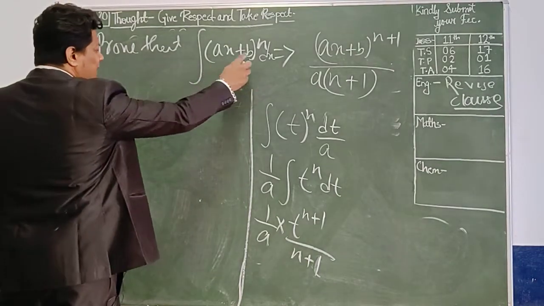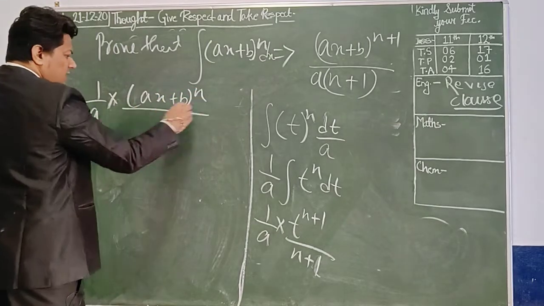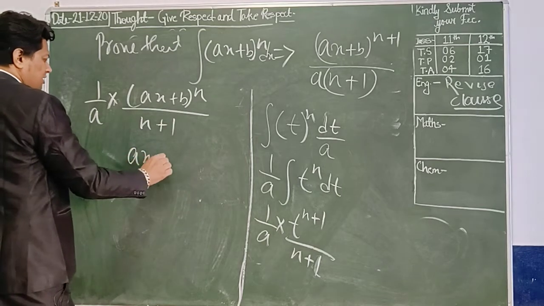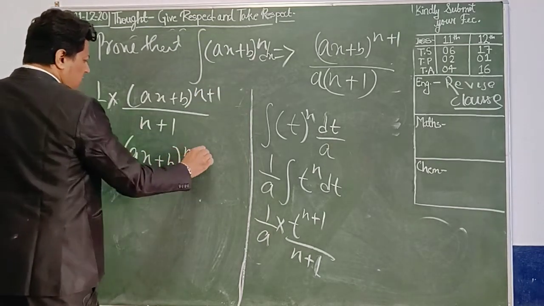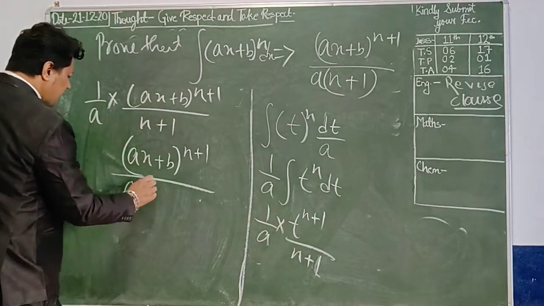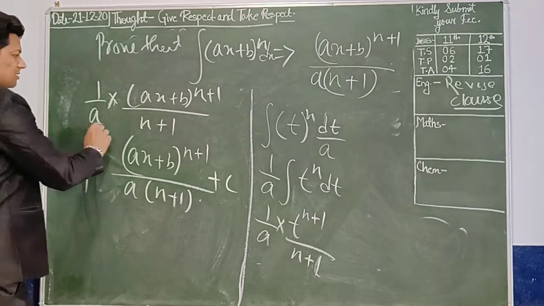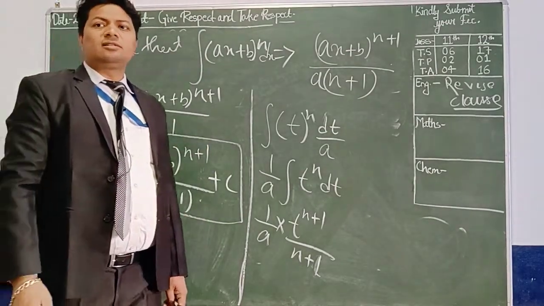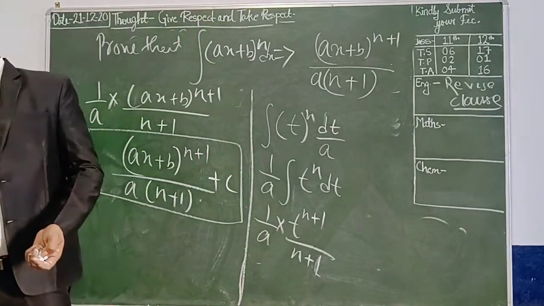The value of t is ax plus b. So you can simply write (ax plus b) power n plus 1 divided by a times (n plus 1), plus c. Is it clear? No doubt at all? Any problem?